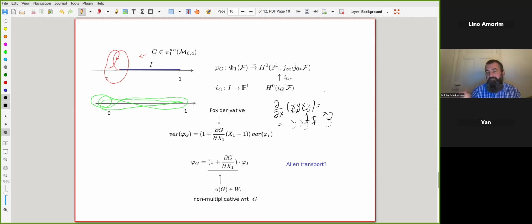This is the Fox derivative of free algebras, and it appears in the theory of Alexander polynomials. It's about homology of the free group with coefficients in the abelianization, something like this. But in this case it's just a direct calculation.